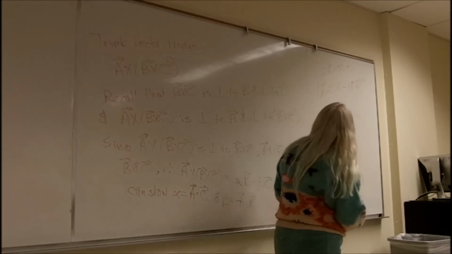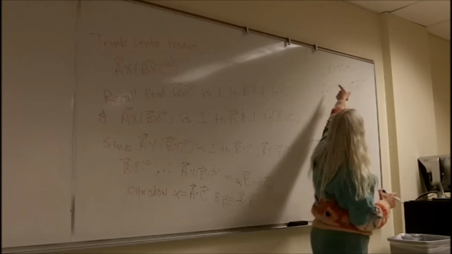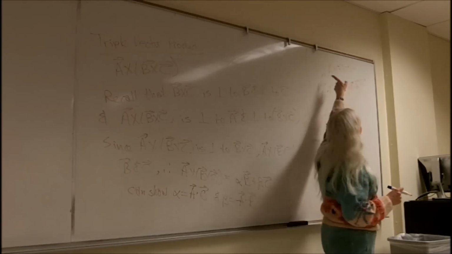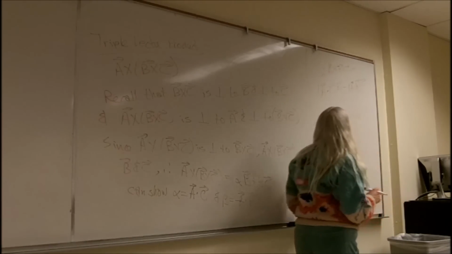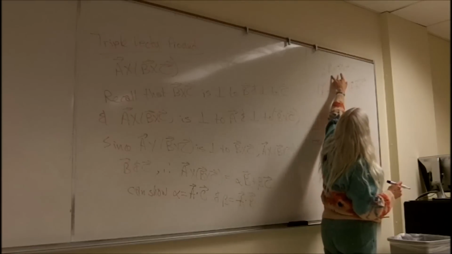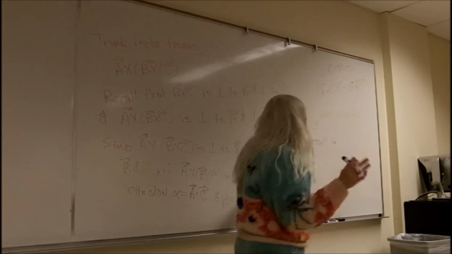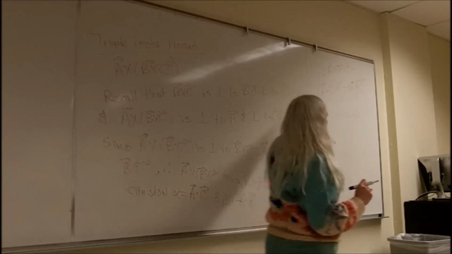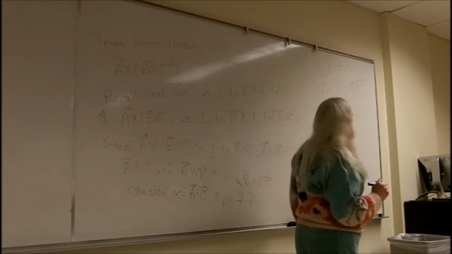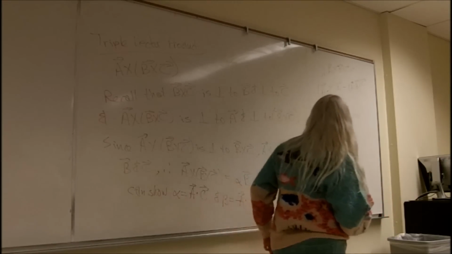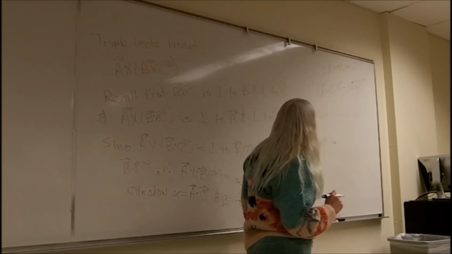So the result of a triple vector product, and what I'm about to tell you will be true whether the vectors are called A, B, and C or something else, whether the 2 in parentheses are the first and the second ones or the second and the third ones, doesn't matter, okay? I'll tell you a way of remembering how to use this back cab rule no matter what kind of triple vector product you're starting with.